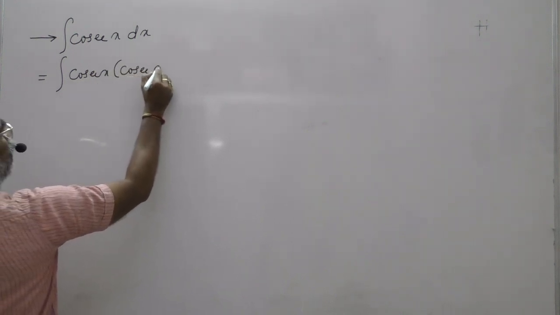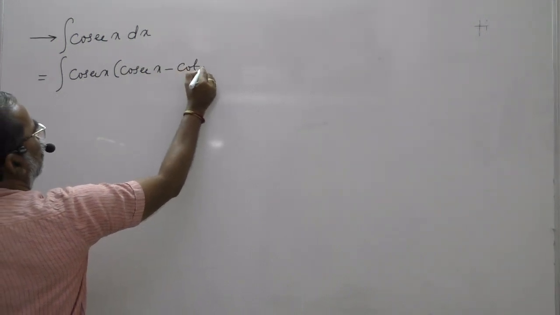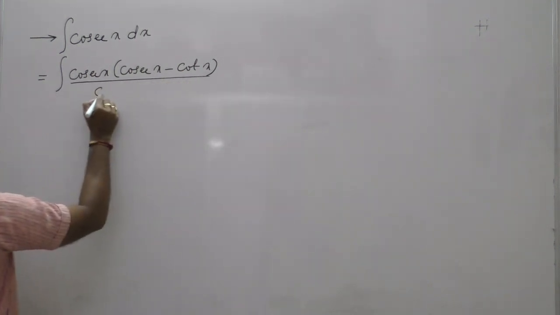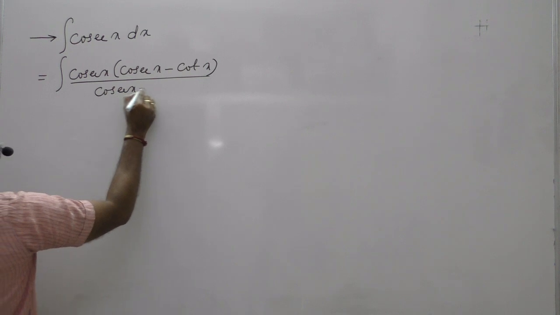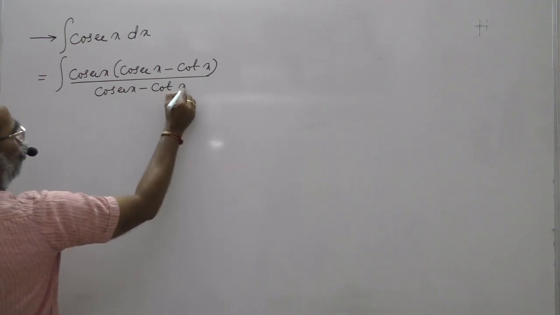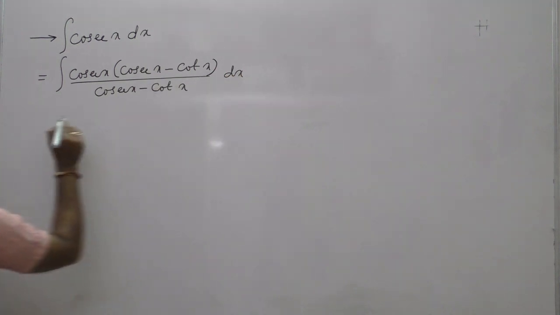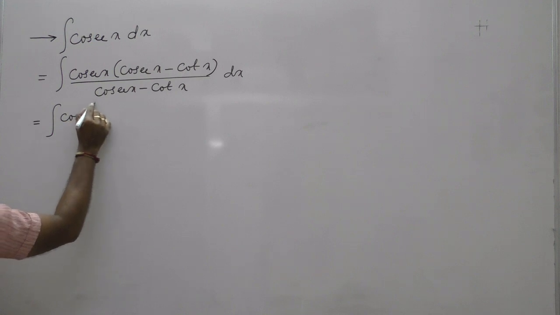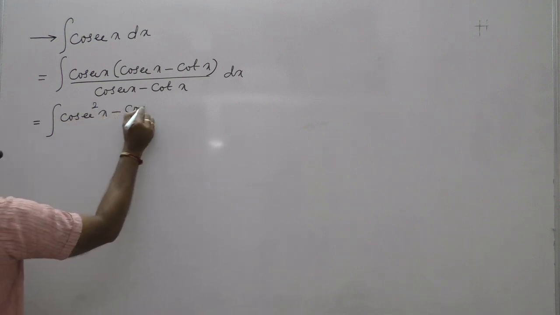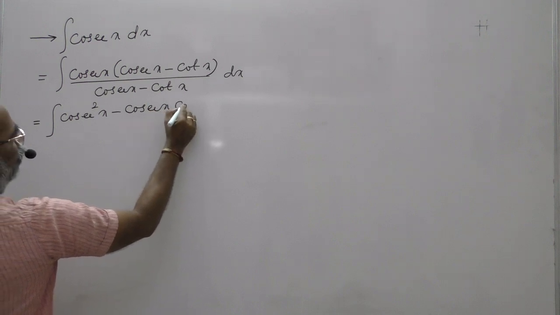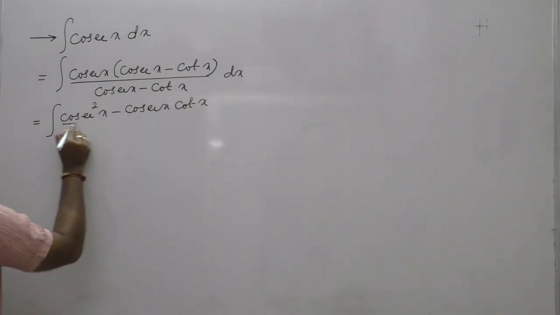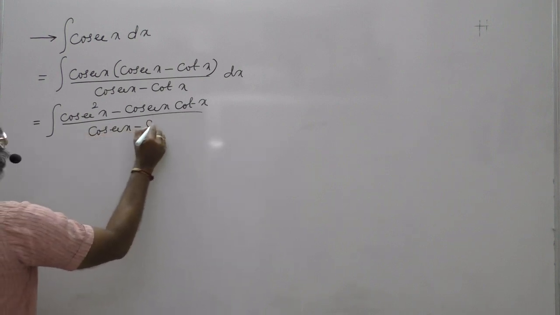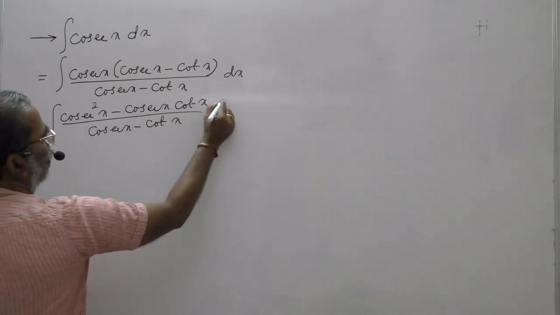I multiply and divide by cosec x minus cot x, into dx. Now, this is equal to integral of cosec square x minus cosec x into cot x divided by cosec x minus cot x into dx.